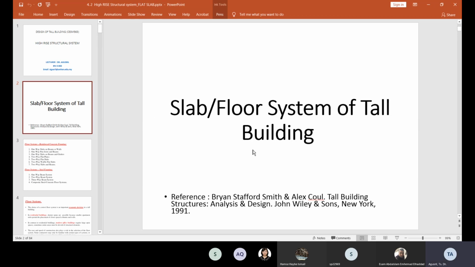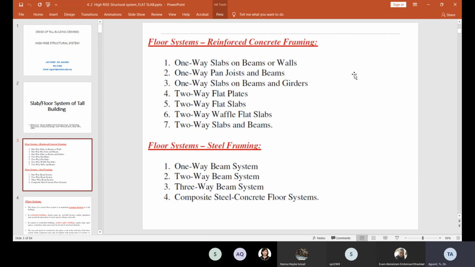Okay, so in this introduction, I will focus on the slab, or some people call it the floor, the same thing. So the floor system of the tall building. Actually we have many types of floor system.